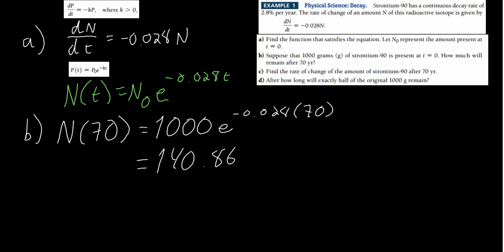All right, so about 140.86 grams will be left of the strontium after 70 years. Just simple plug and chug there. And C and D, probably going to put that on another page.